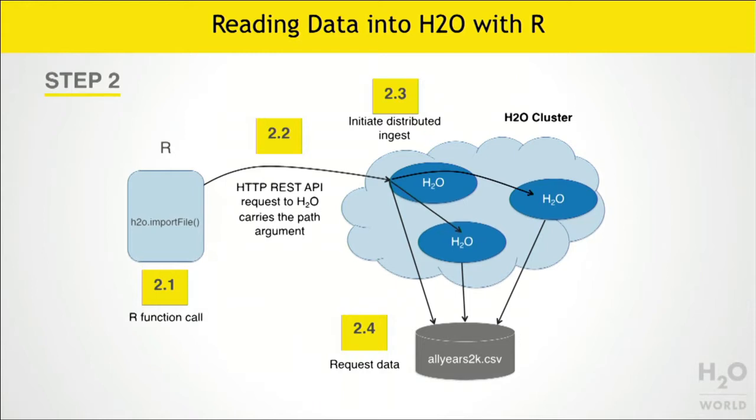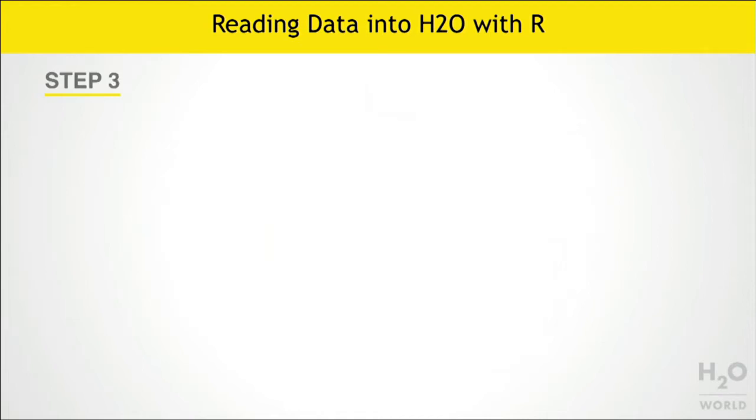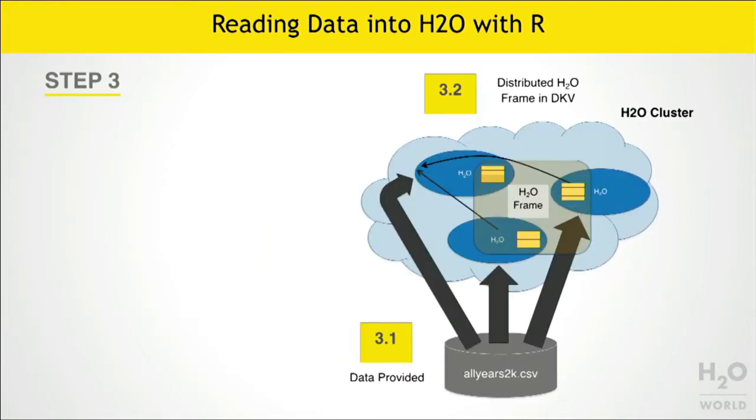In our instance, we'll be running locally on your desktop, so this is local to your desktop. But if you're launching an H2O cluster on Hadoop, for instance, you'll be reading in data from, say, HDFS. Then data is read into H2O in a parallel read into memory.